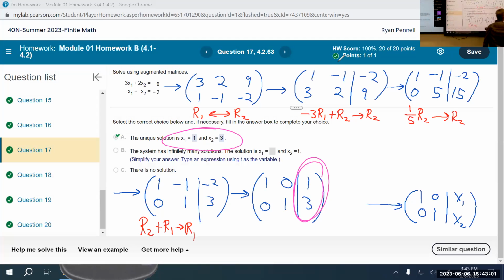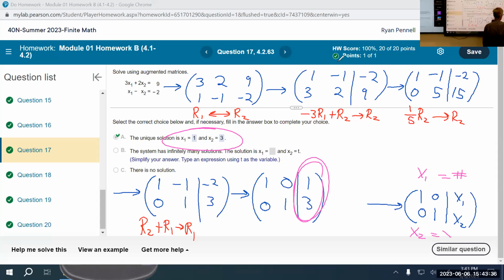Are you asking how did I know that was my goal? I'm trying to solve for x1, x2. Remember where this is coming from. So this means x1 equals that number, and x2 equals that number.